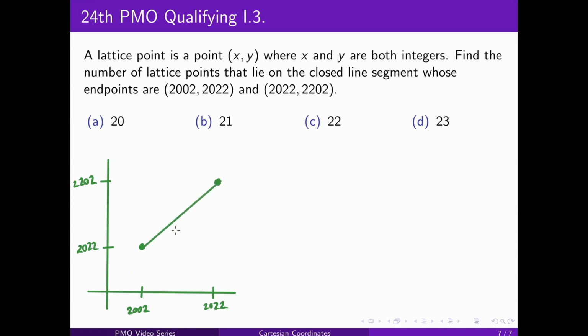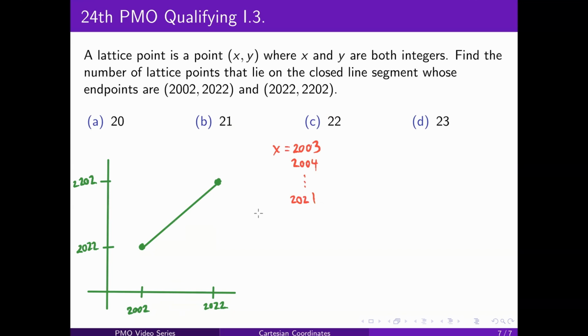What's more important to us is to know what the lattice points are. So since we're only interested in points where both coordinates are integers, you want to check what happens at x equals 2003, x equals 2004, all the way until x equals 2021, right?